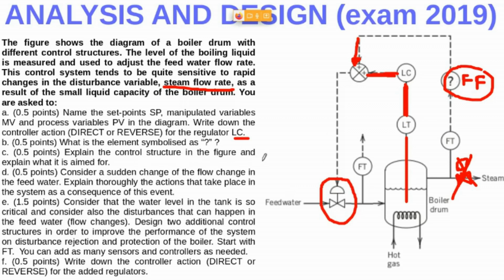Explain the control structure in the figure and explain what it is aimed for. At the end, this feed forward is in order to compensate the disturbance on this outflow, this steam outflow, which will obviously affect the level in this boiler drum.